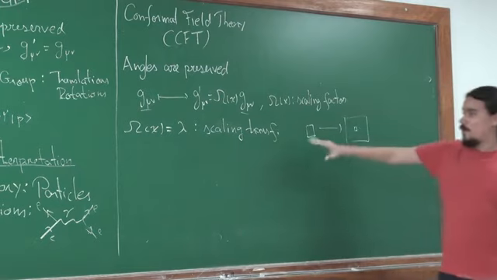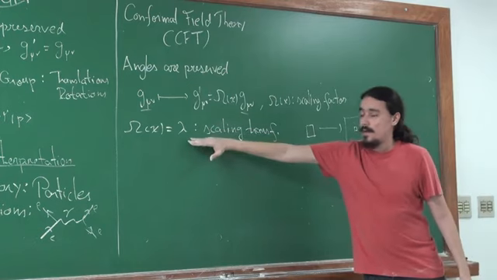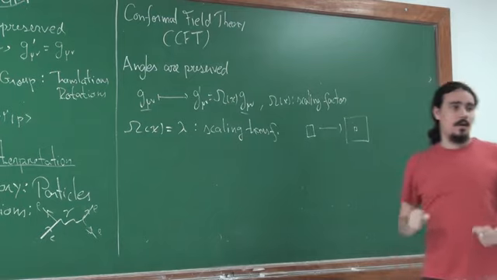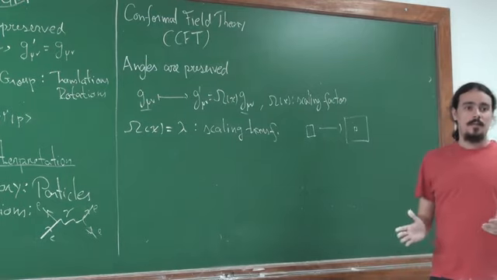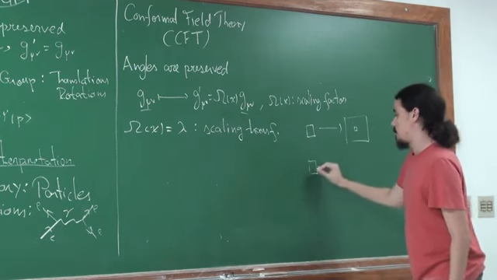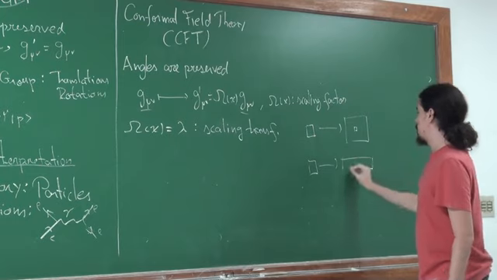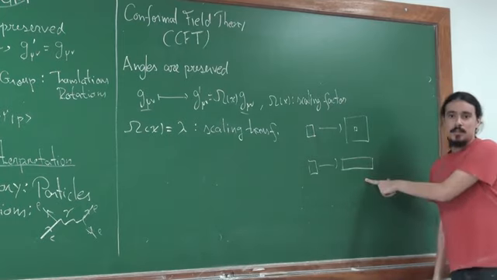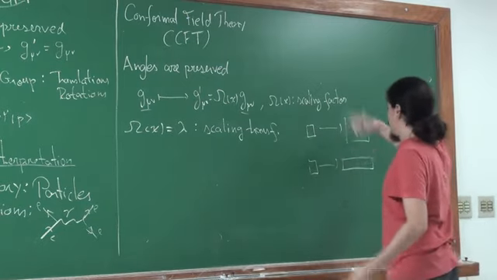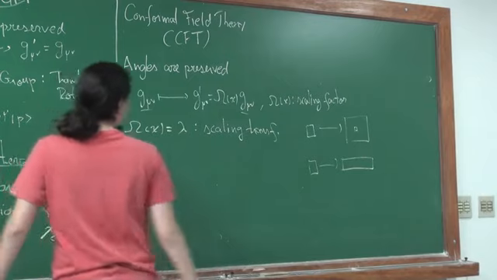But what you're doing is either dilating or contracting all your lengths simultaneously, right? This wouldn't be a scaling transformation if you have a square and you just scale one distance. A scaling transformation is a constant. You just scale everything at once.